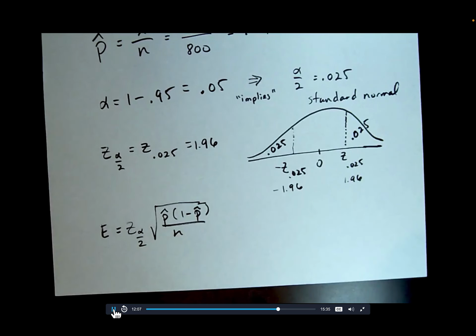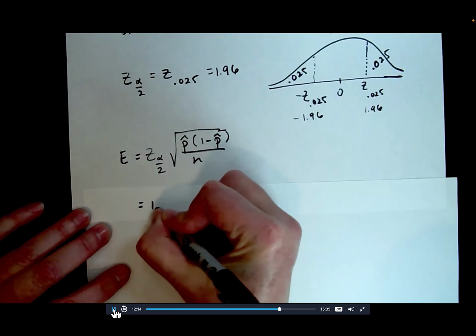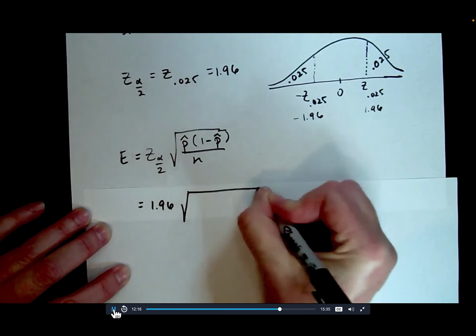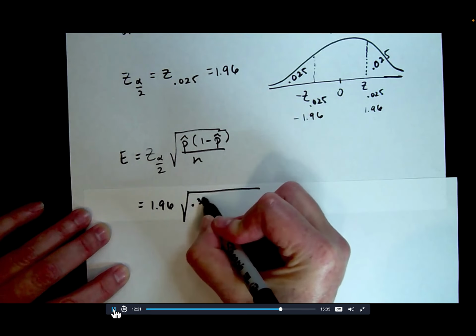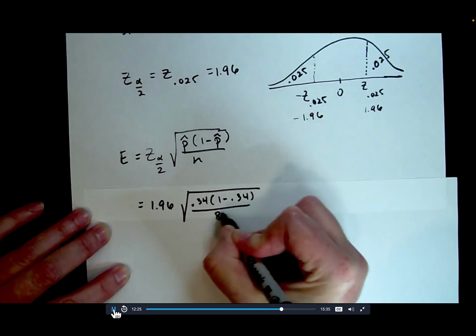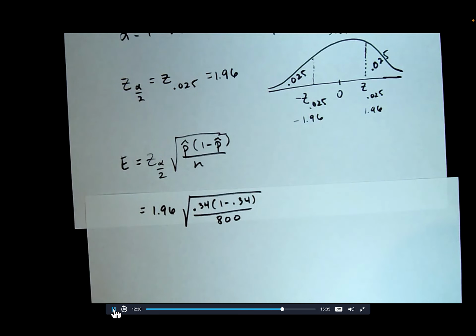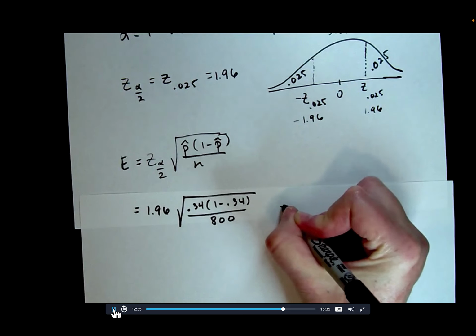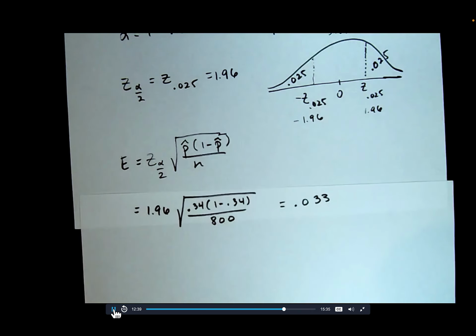So for this problem, that is 1.96 times the square root of, our point estimate was 0.34 times 1 minus 0.34 over the sample size, which was 800. Okay, and then obviously you just crunch those numbers on a calculator, and in this case we'll get 0.033.